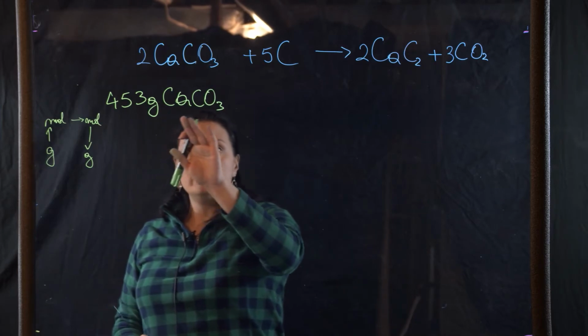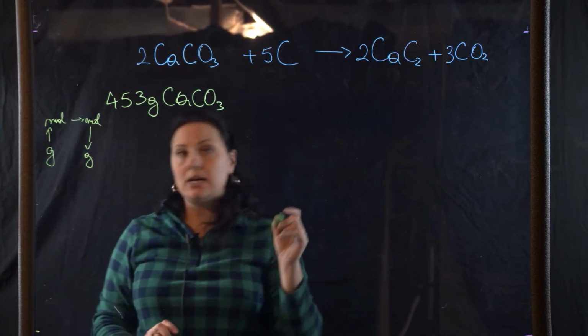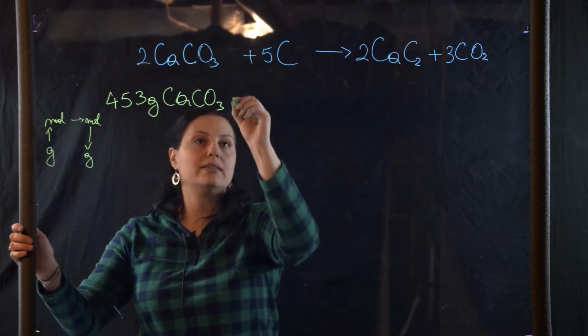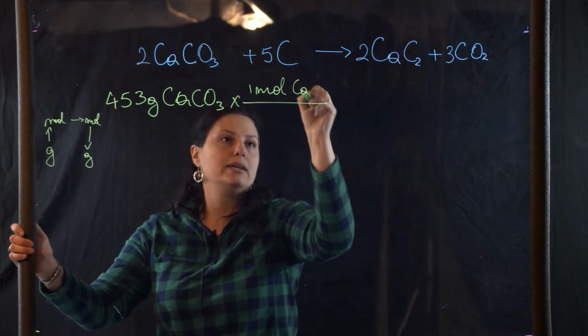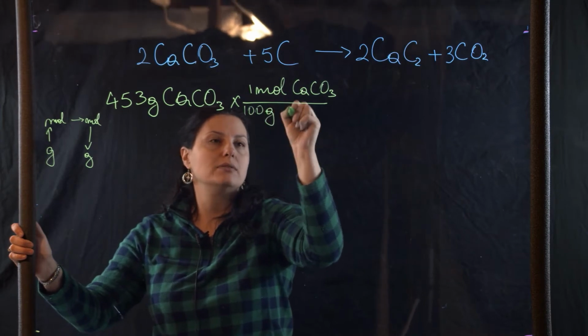So I have 453 grams of calcium carbonate. The molar mass of calcium carbonate is 100. And I have to write this: 1 mole of calcium carbonate weighs 100 grams.